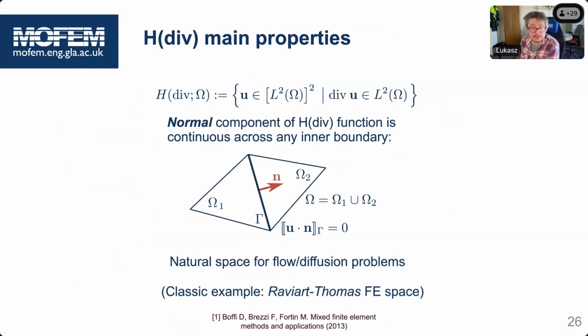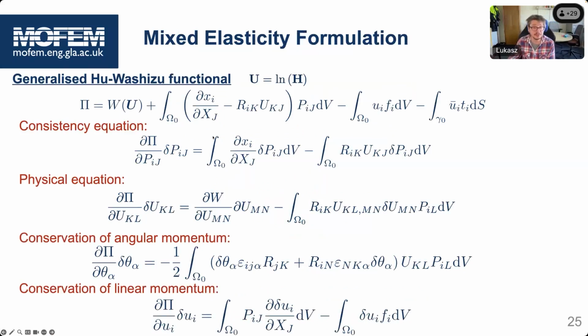Practically, when you treat that equation by integration by parts, you enforce that in the weak sense. Every field in this functional can be approximated in the L2 Lebesgue space, except the Piola-Kirchhoff tensor.